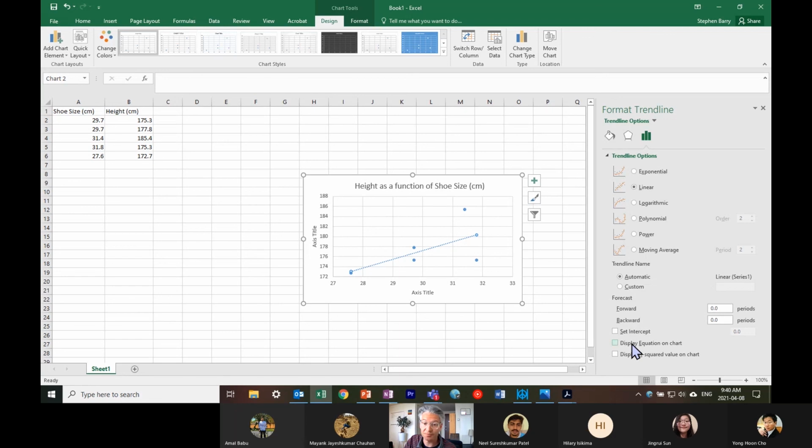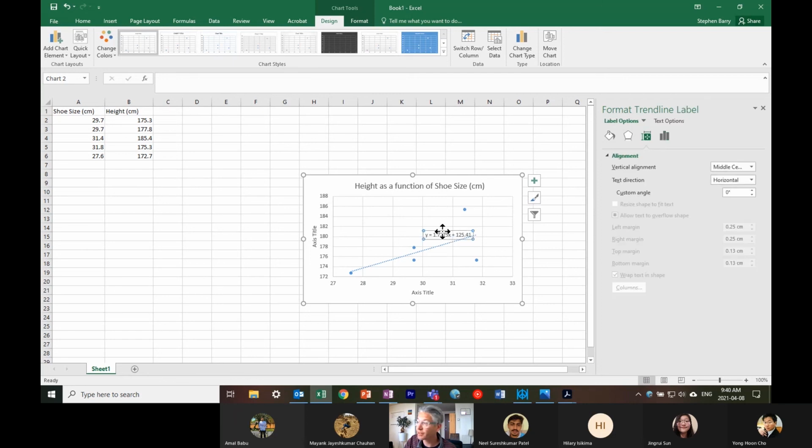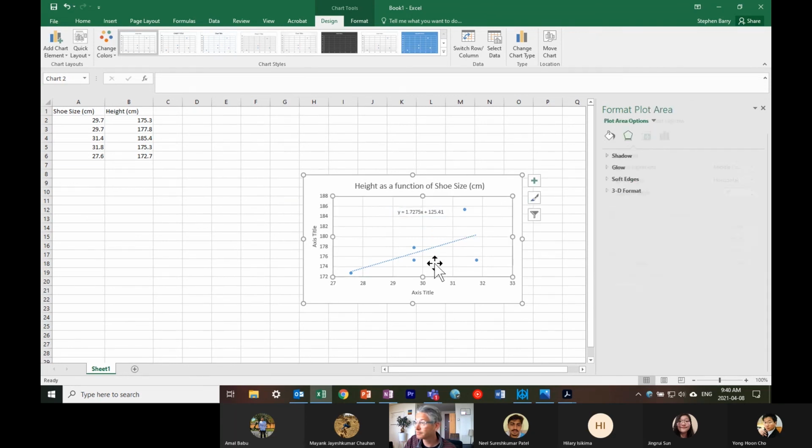There you go, boom. Display equation. Beautiful. So that gives you your slope and all that stuff right there. Okay, so it's telling you the slope is 1.73. It tells you that the intercept is 1255.41.